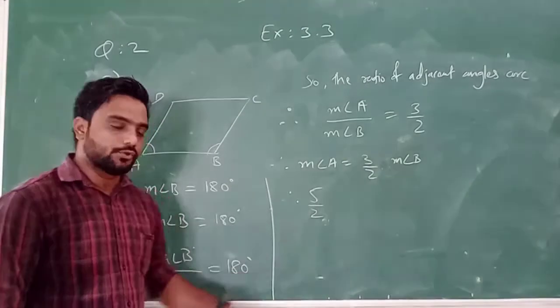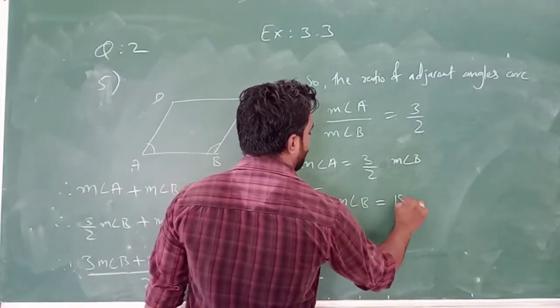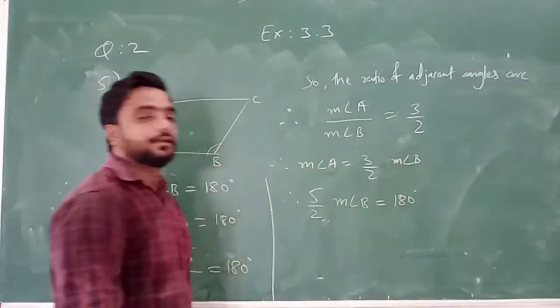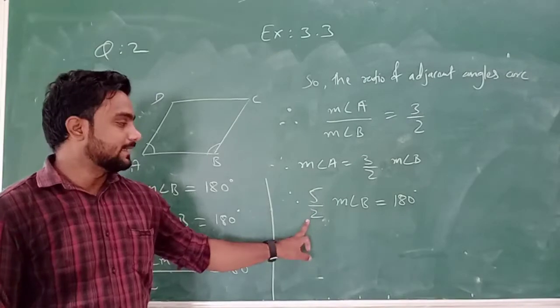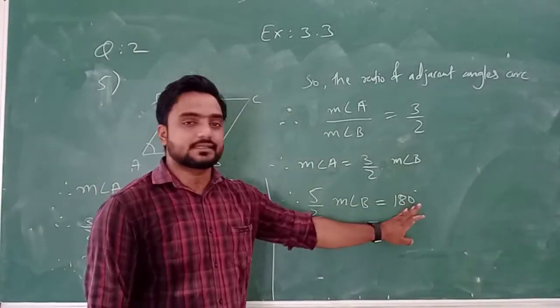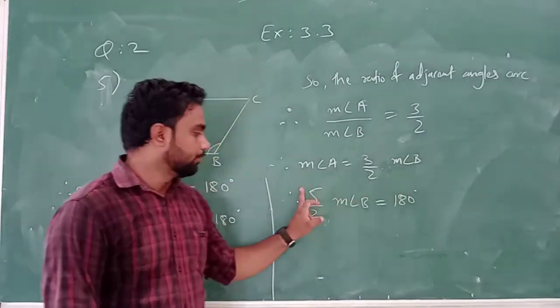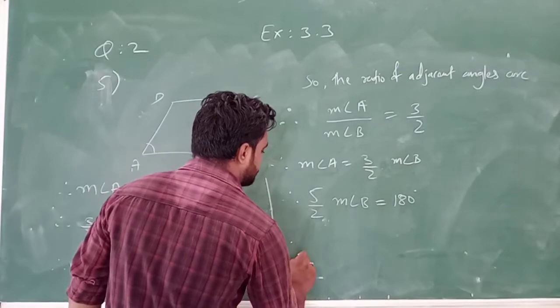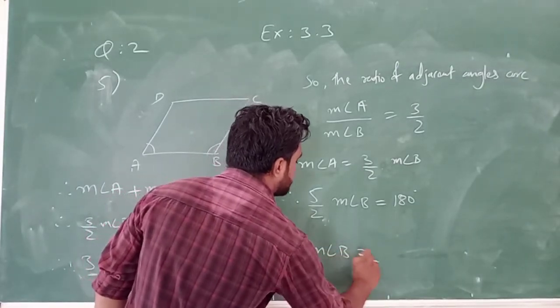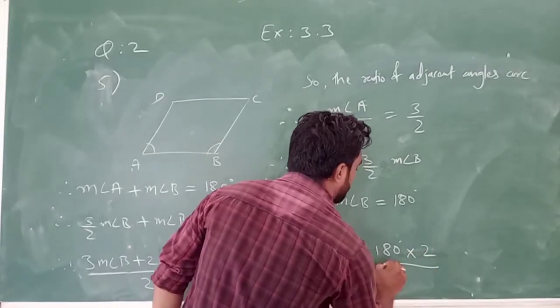So 5 upon 2 measure angle B is equal to 180 degrees. Now change the side of 5 upon 2, moving it from LHS to RHS, the denominator becomes the numerator, so multiply by 2 upon 5.